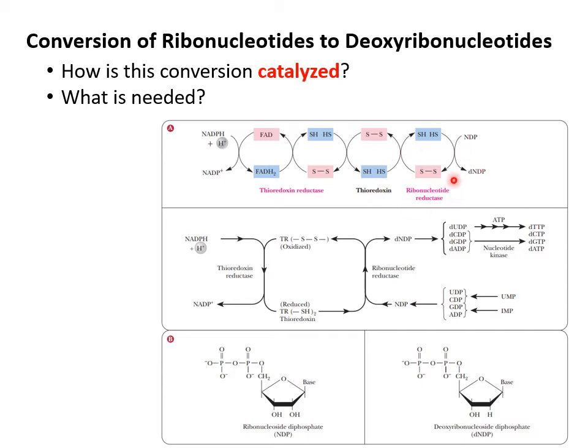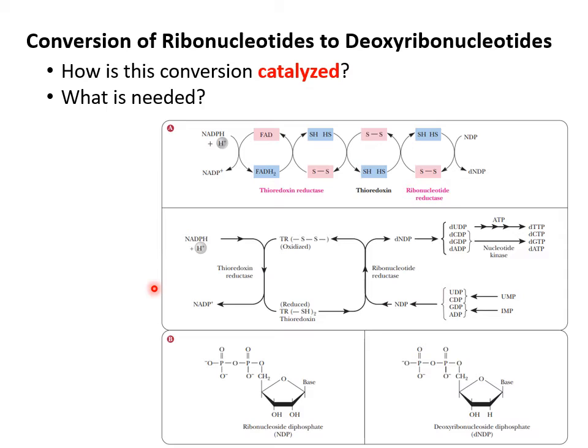That's going to be the big main one. And what happens in terms of this conversion is that the ribonucleoside diphosphates are reduced to 2-deoxyribonucleoside diphosphates in all organisms with NADPH as the reducing agent.